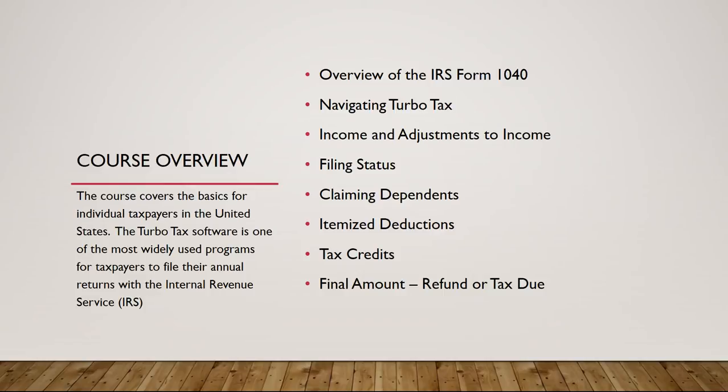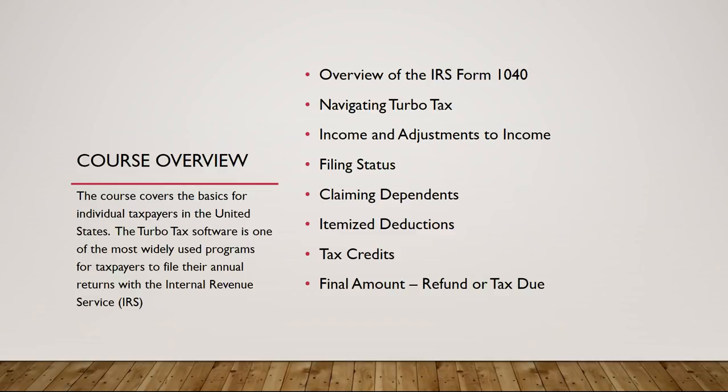We'll go through the basic concepts of each one of the sections of the 1040. The first section being the income and adjustments to income, filing status. This can be single or married filing jointly or married filing separately or head of household. We'll talk about those. Claiming dependents.